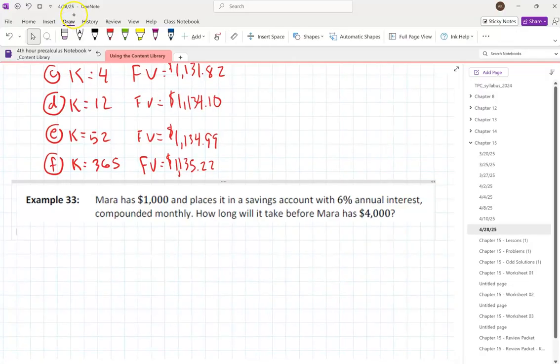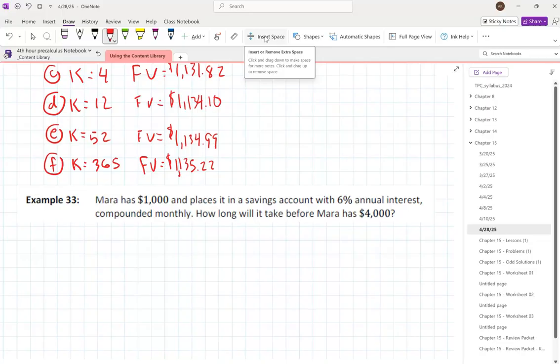All right. It says Mara has $1,000 and placed it into a savings account with 6% annual interest, compounded monthly. How long will it take before Mara has $4,000? So again, I hear this compounded, so I know I'm going to be using the compound interest formula.